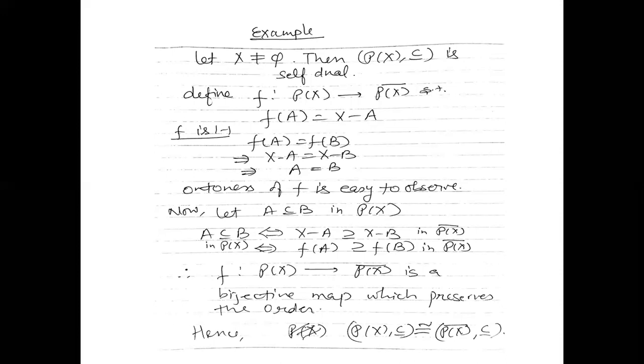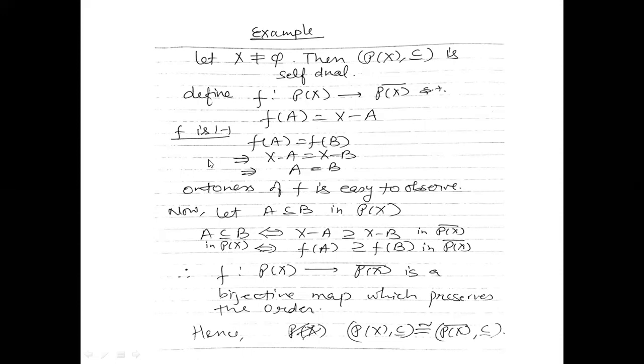So first we define this function f from P(X) to P(X) bar such that f of A is equal to X minus A. Because here you have the power set of X, and in this, f will be the converse basically. So if I am taking the subsets in the power set, then in P(X) bar you will basically be having the complements. So X minus A, that's why you can understand it like that.